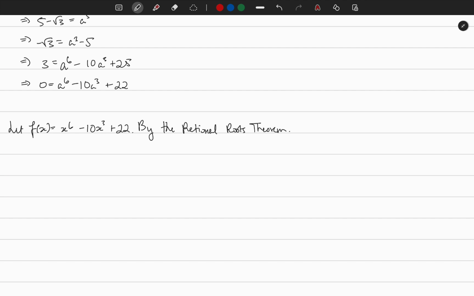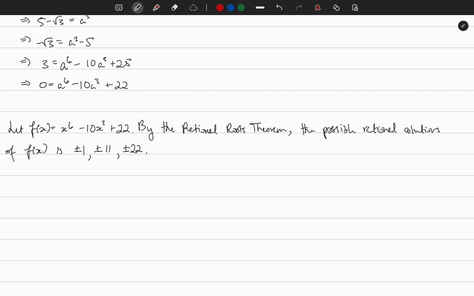By the rational roots theorem, the possible rational solutions of f of x are plus or minus, so what divides 22? Well, 1 divides 22, it's a whole number, and plus or minus 11, and of course plus or minus 22, right?